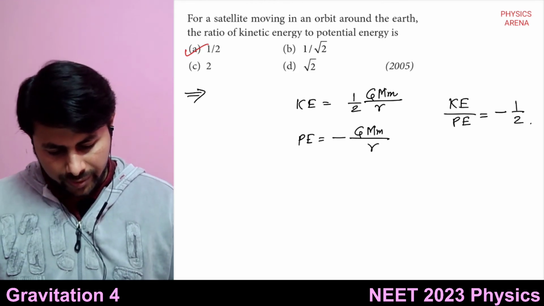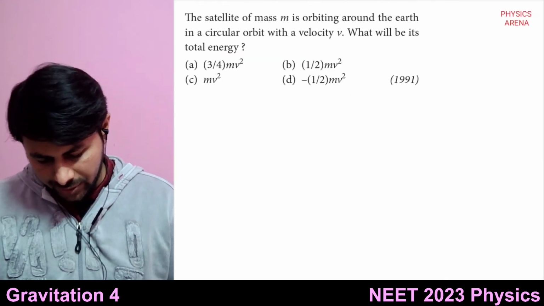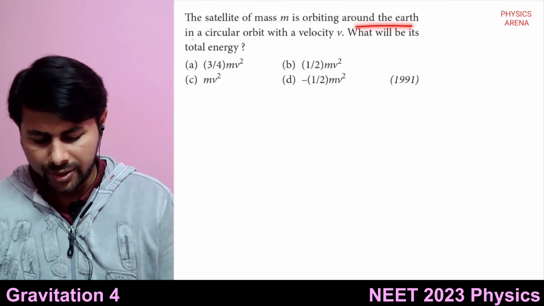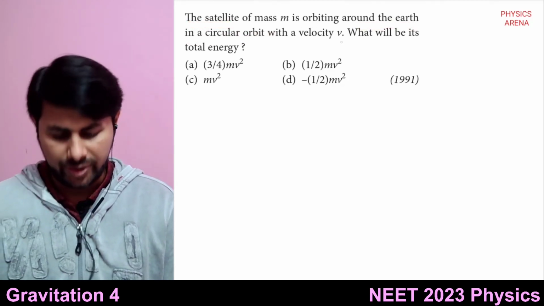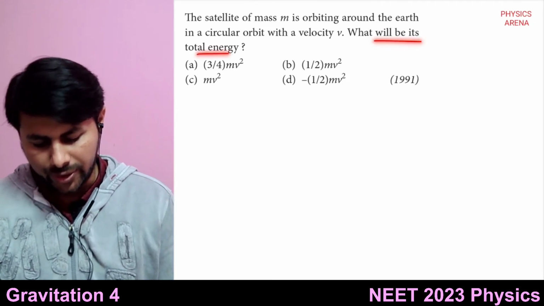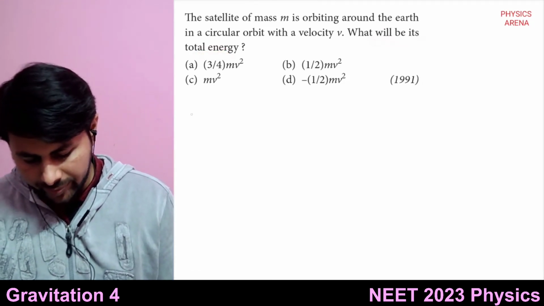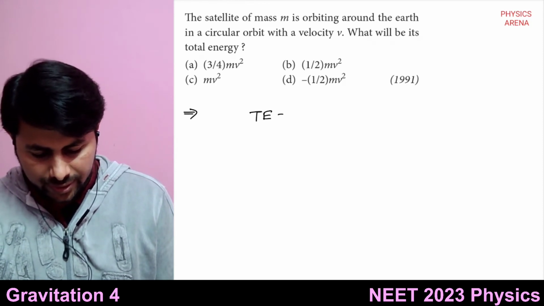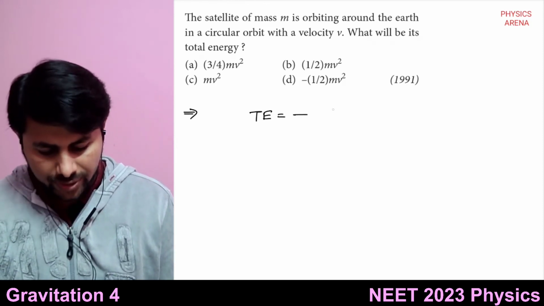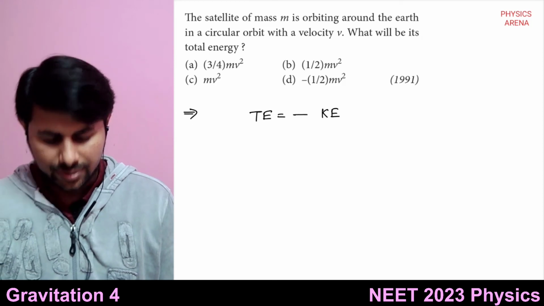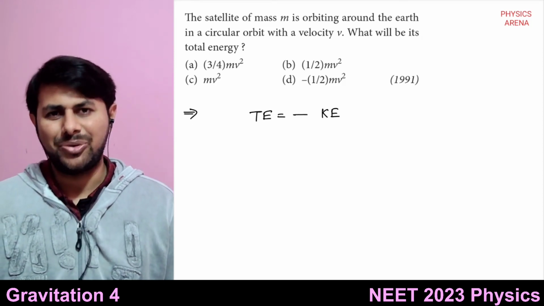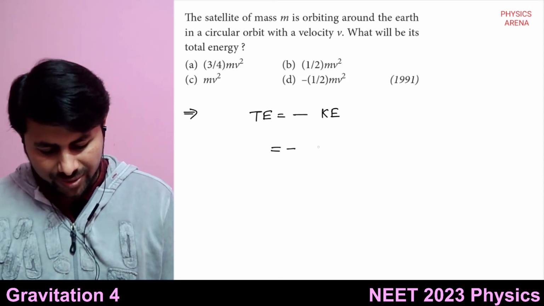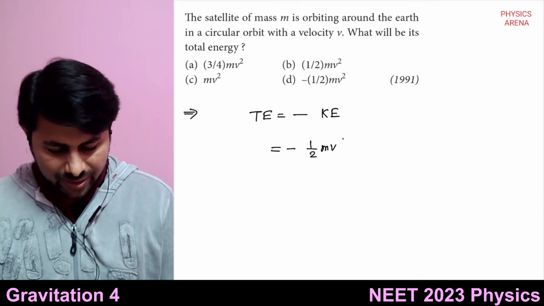Okay. Next question. The satellite of mass m is moving around the Earth in a circular orbit with velocity v. What will be its total energy? So we know that total energy is equal to minus of kinetic energy, right? It is minus of half m v square.